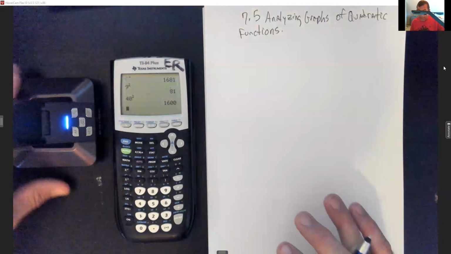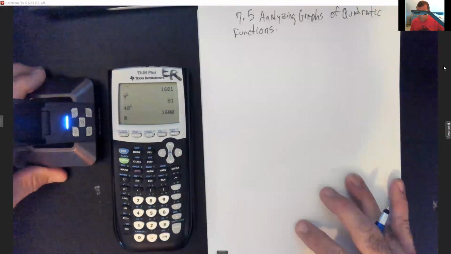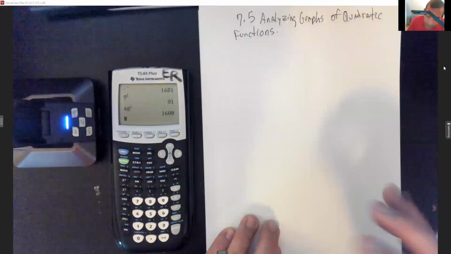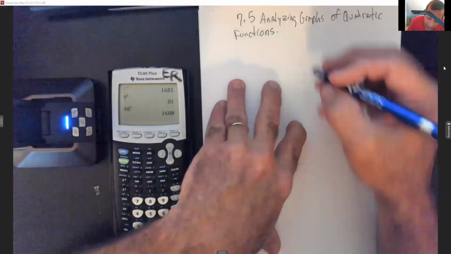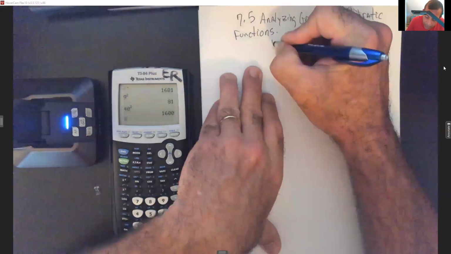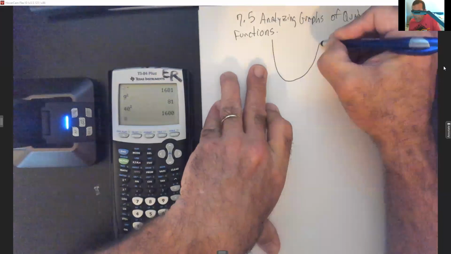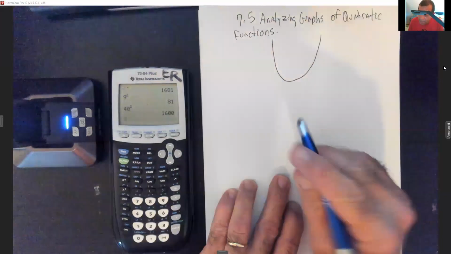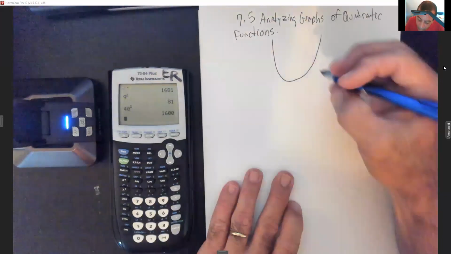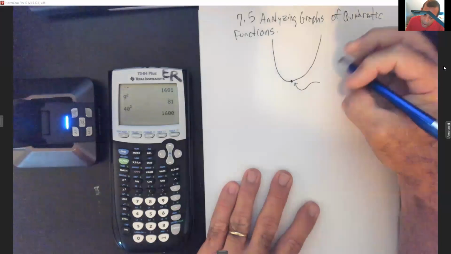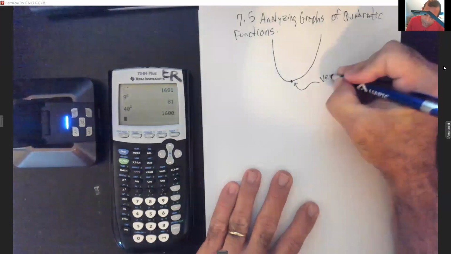All right, and I'll tell you, mainly we're going to be messing with what we call the vertex formula. So let me explain about a parabola. We've been playing with the parabolas and graphing them a little bit, but we're going to start focusing on these minimum points here. That minimum point is what we call the vertex.